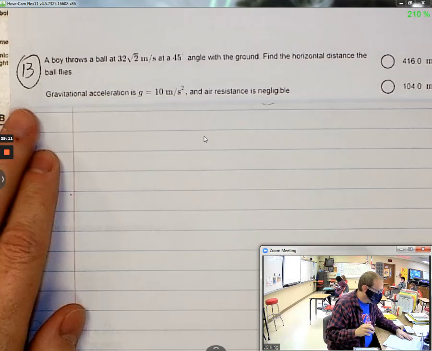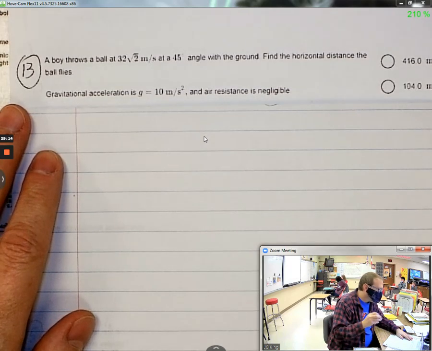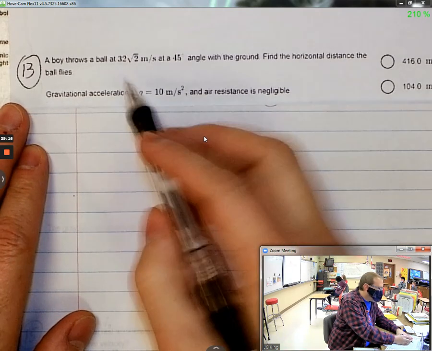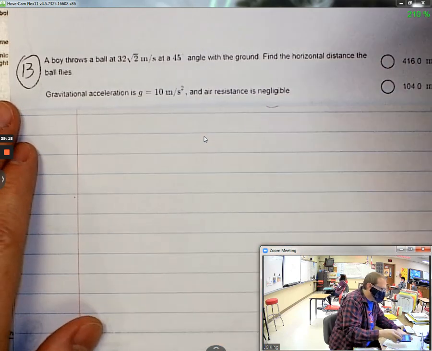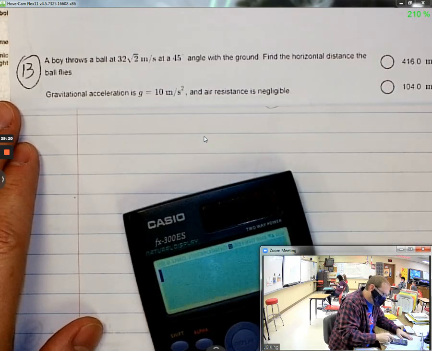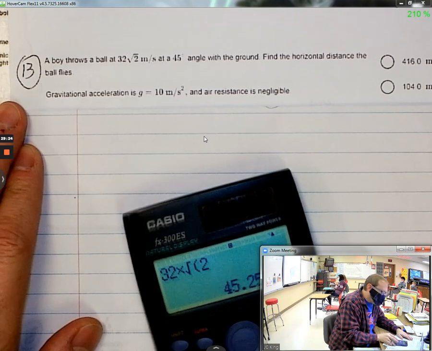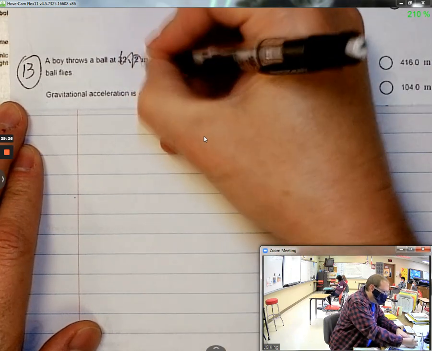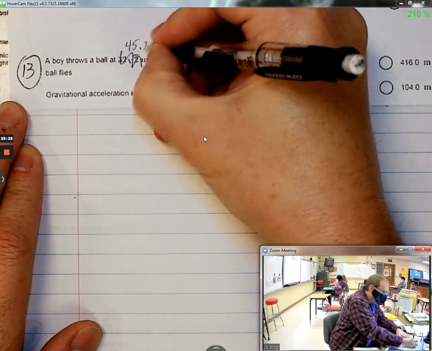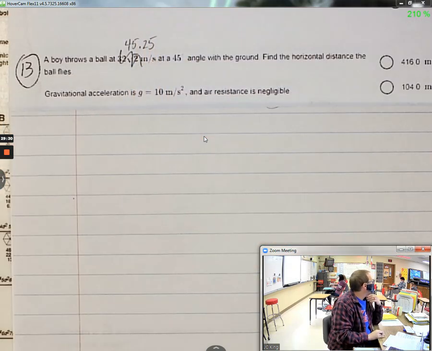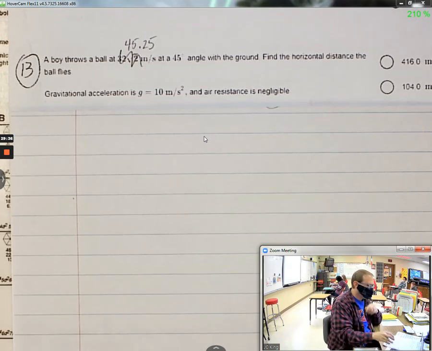Okay, sure. So would that be? I'm going to go ahead and change that into a real number because that's ridiculous. It's like 45. 32 times root 2, 45.25, I love it. They're doing that assuming that we're not using sine, cosine, tangent on our calculators and we're resorting to square roots to find our distances.